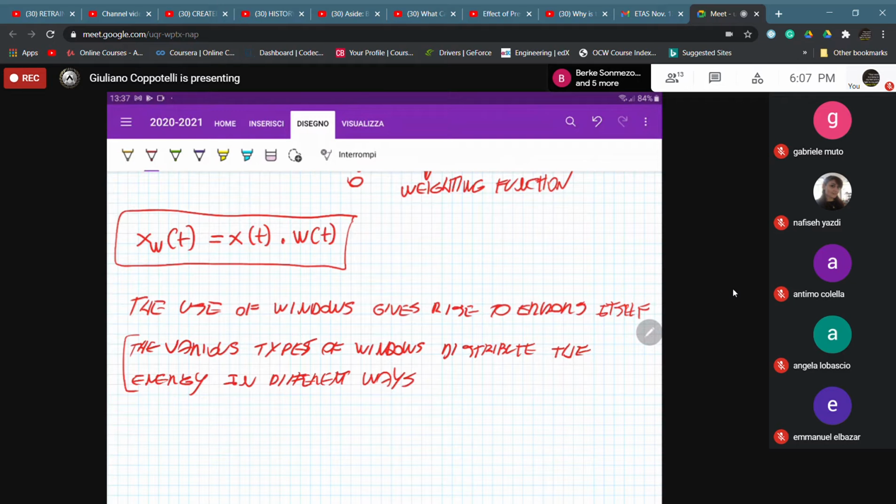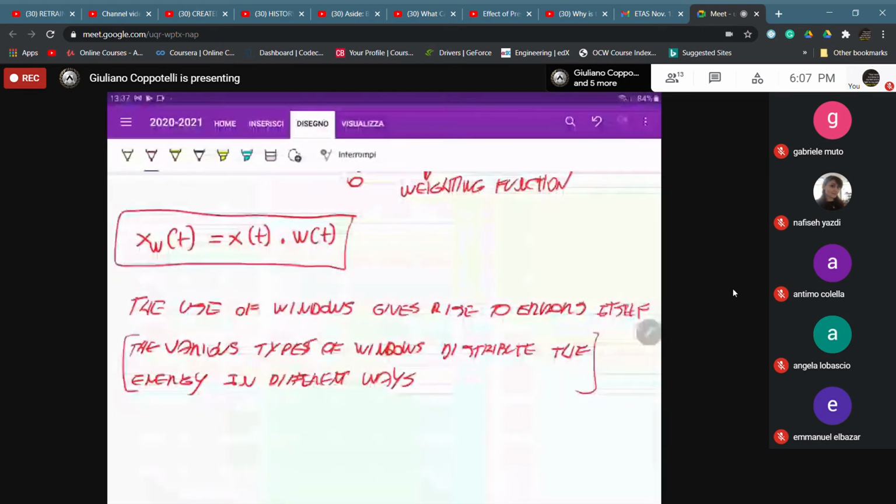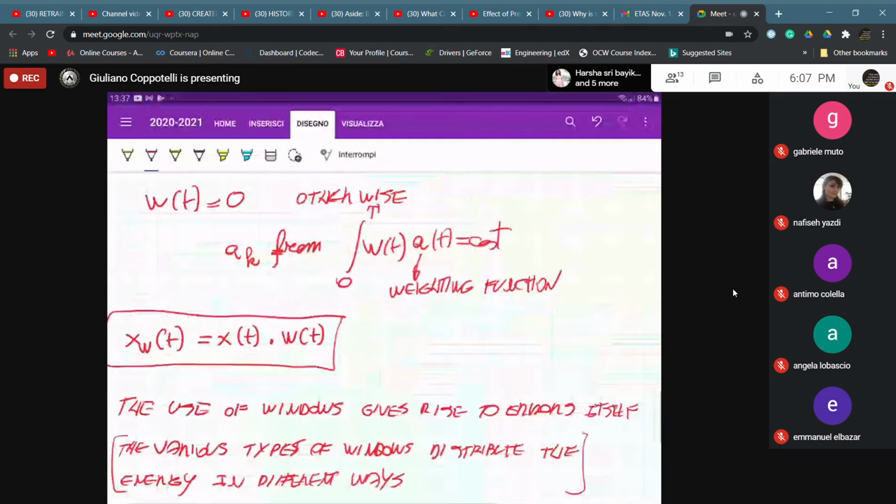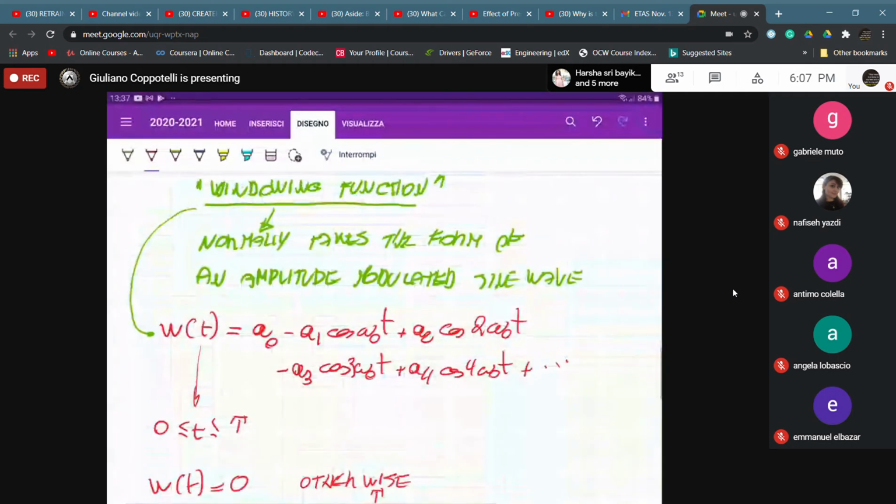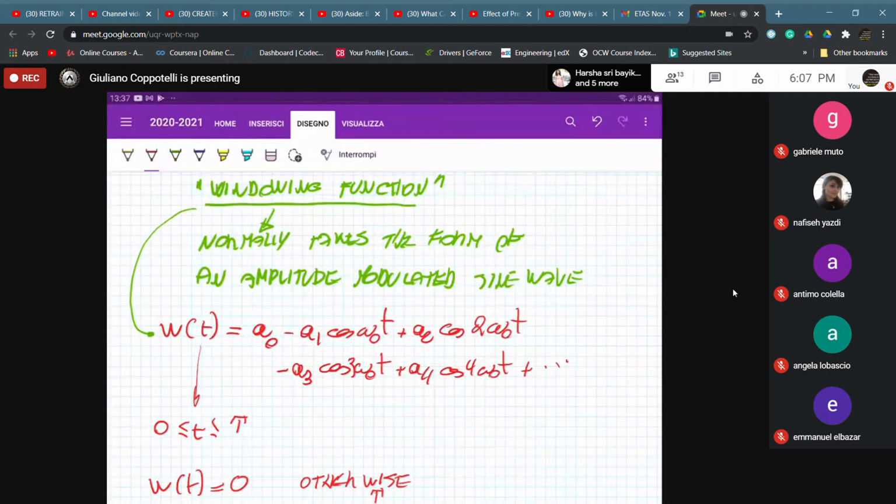Because by reviewing your windowing function as an amplitude modulated sine wave function, as we just introduced, the window function could be written generally as such an overall function.